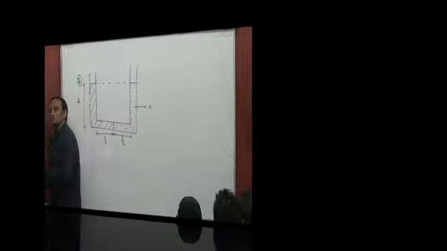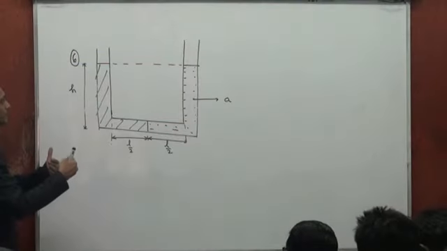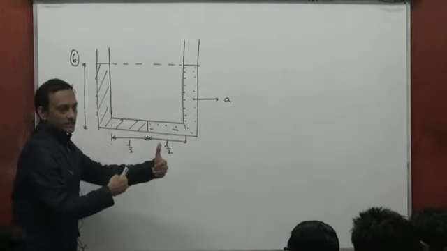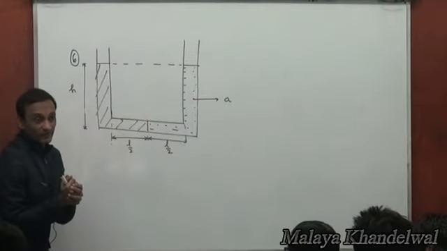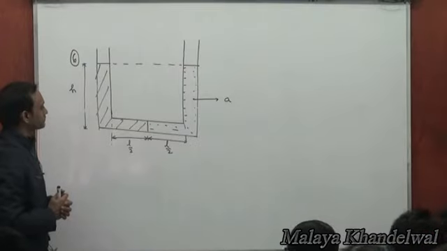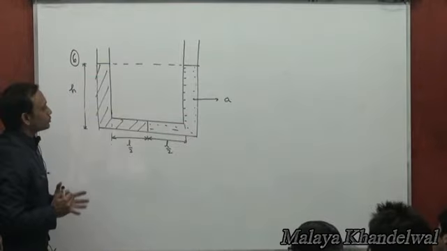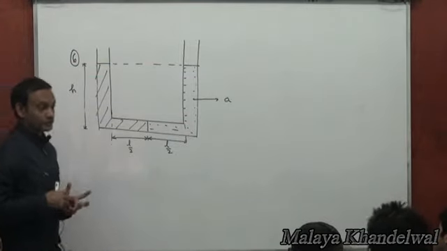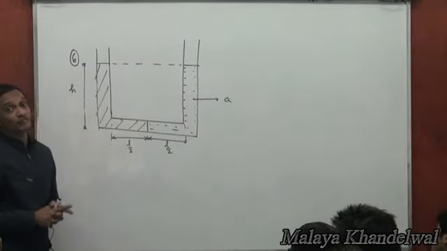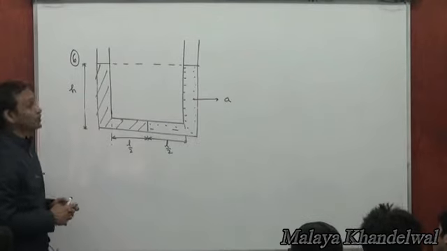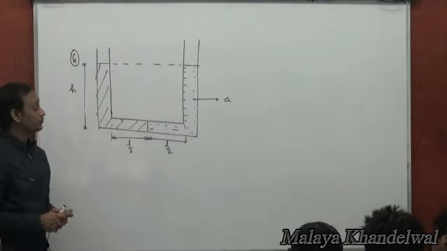So in this arrangement, the U tube is accelerating to the right with an acceleration a. And on two sides, you have different fluid. On one side, you have fluid with density 2 rho. On the other side, you have fluid with density rho.